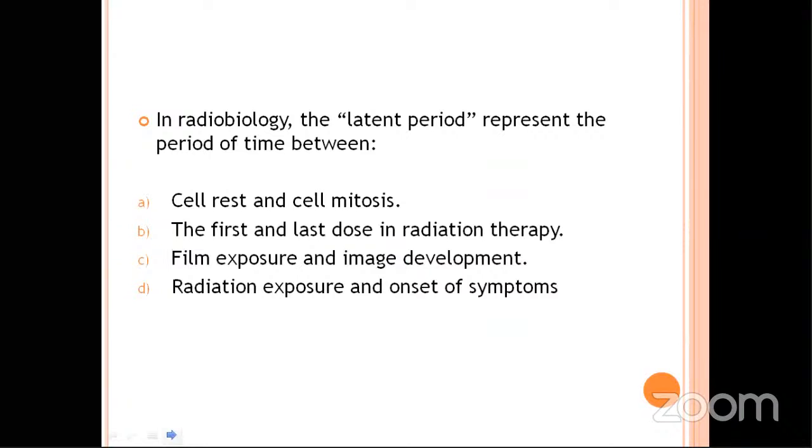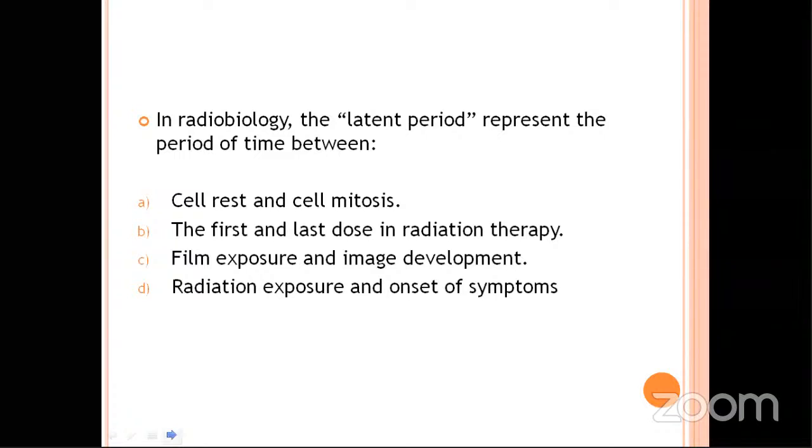In radiobiology, the latent period represents the period of time between cell rest and cell mitosis, the first and last dose in radiation therapy, film exposure and image development, or the radiation exposure and onset of symptoms. Latent means a time period between the exposure and symptoms. We always use this term in viral infection also.